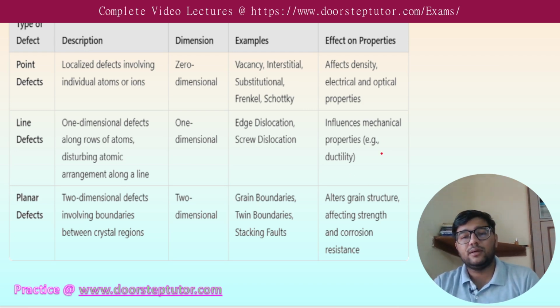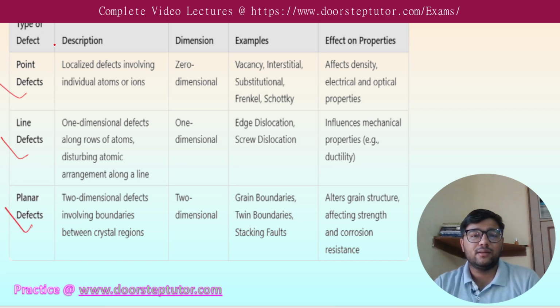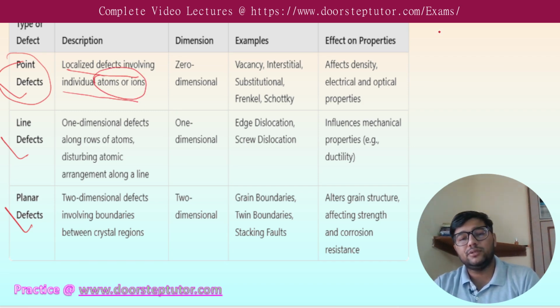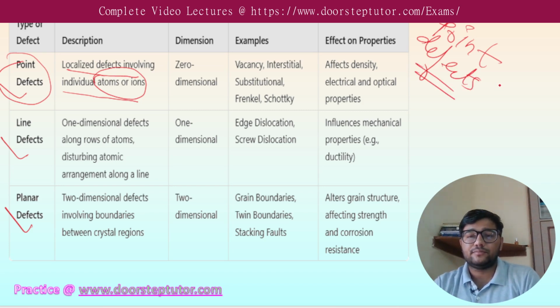These are the relative properties of the major three types of defect: point defect, line defect, and planar defect. In point defect, the defect will be localized and will involve only a single atom or ion. Means the impurity will occur at a single atom or a single ion.